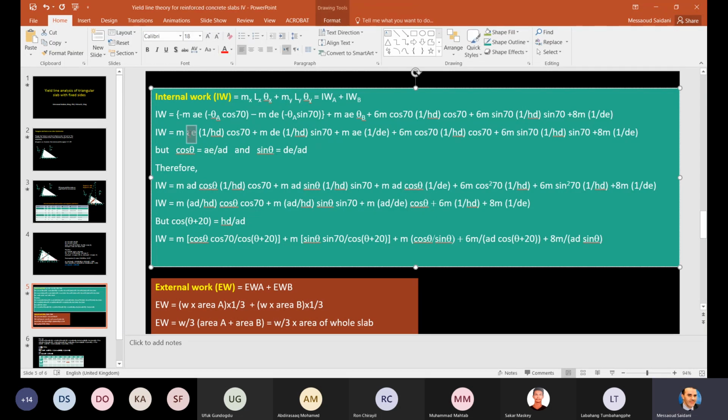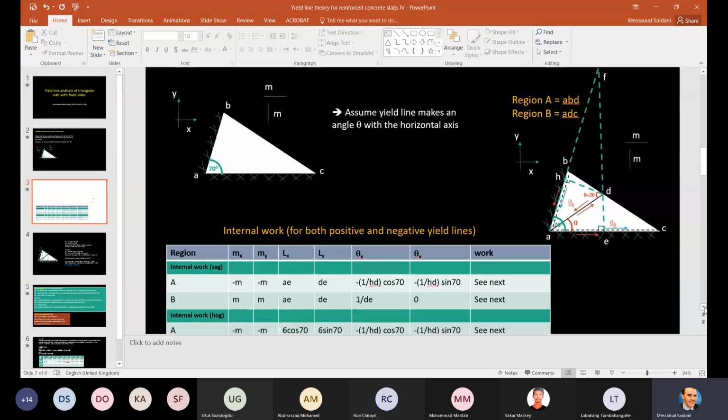AE will be AD cos theta, and DE is AD sine theta. And you do it everywhere. And then when you get to this part here, we've got cos theta and cos theta. So that's cos square theta, because you can see it from the table. Let me take you to the table here.